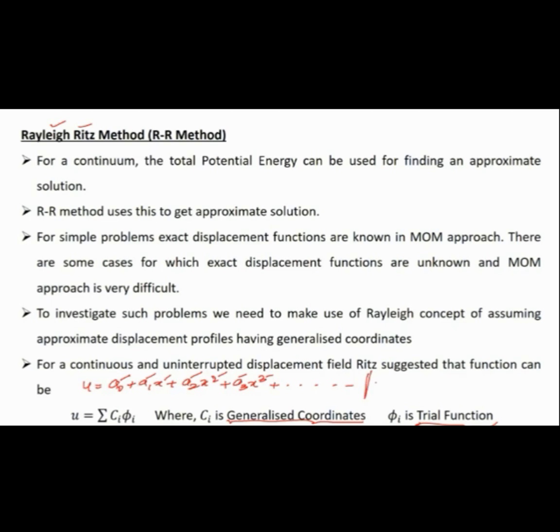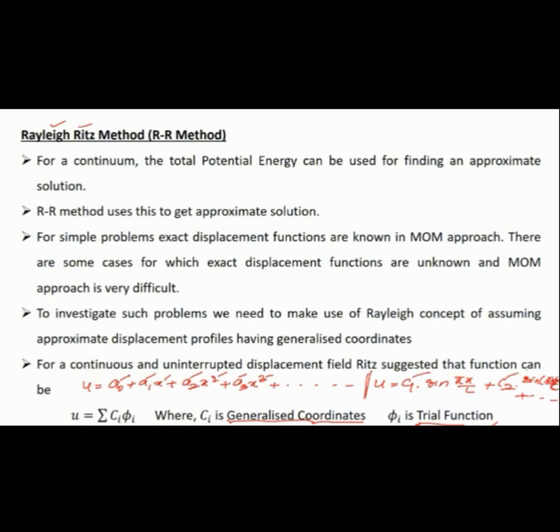If I consider a trigonometric function, I have c1 into sine pi x by L plus c2 into sine 3 pi x by L, plus so on.